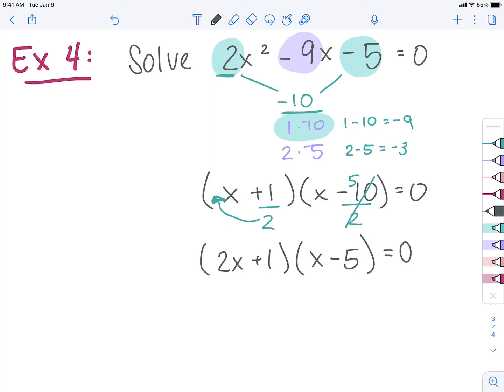So now that I've factored it, from here, I can take my first set of parentheses and write my first equation. I can take my second set of parentheses and write my second equation. So I'm going to get 2x plus 1 equals 0. x minus 5 equals 0.